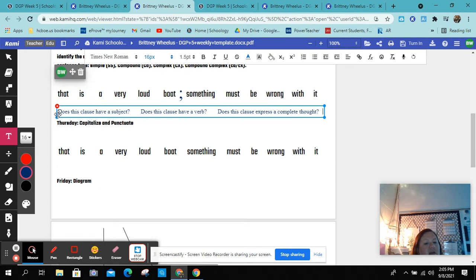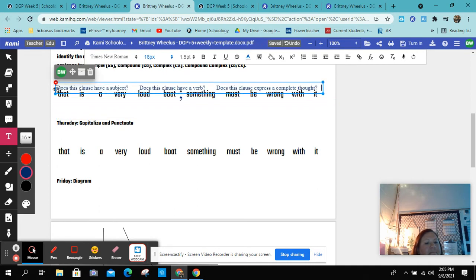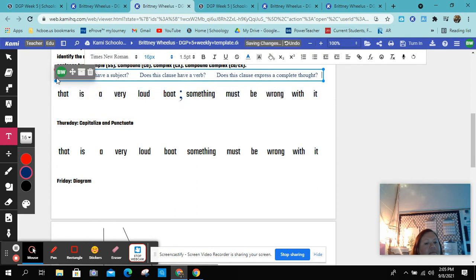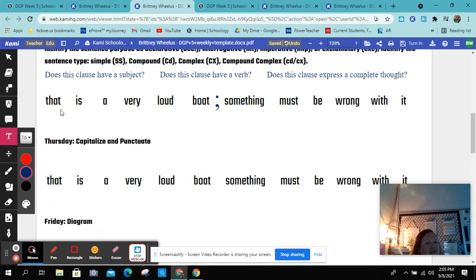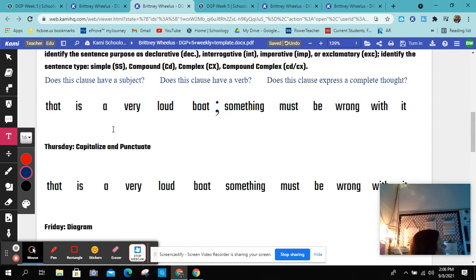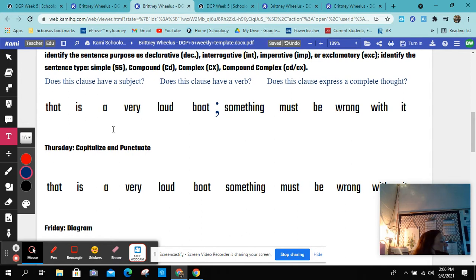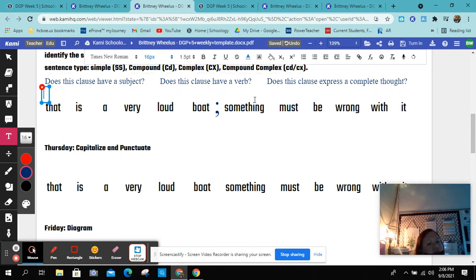This is on Wednesday, okay? All right. Does this clause have a subject? Does this clause have a verb? And does this clause express a complete thought? Now, we have how many clauses here? 2. Okay, so we've got to do clause 1 and clause 2.